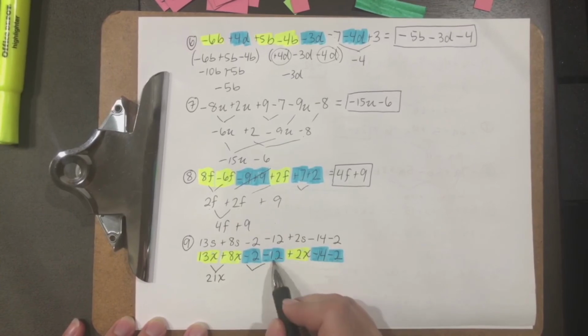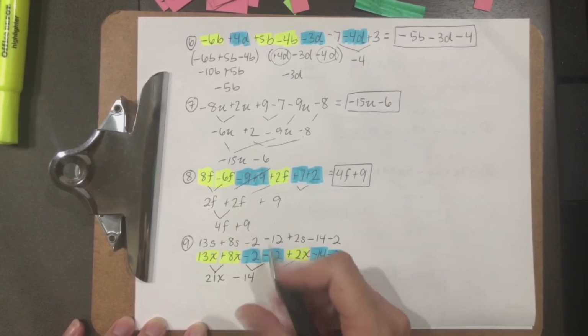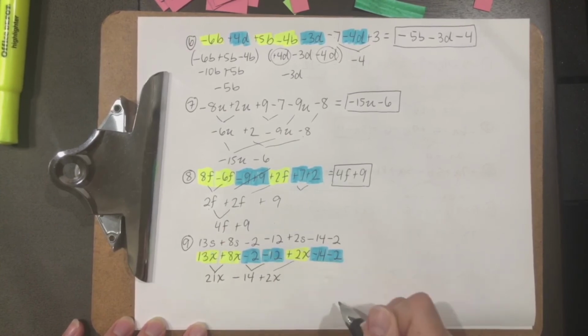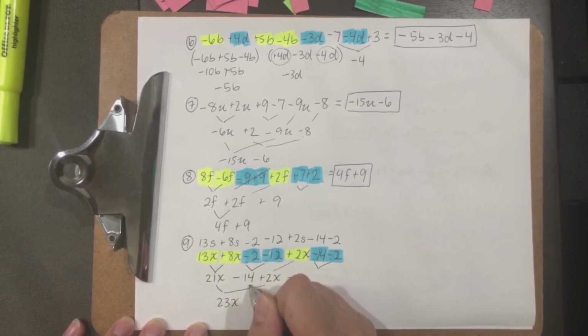Negative 2 and negative 12 will be negative 14. We'll bring down this positive 2x. Negative 14 and negative 2 is negative 16. So 21x plus 2x's is going to be 23x's.